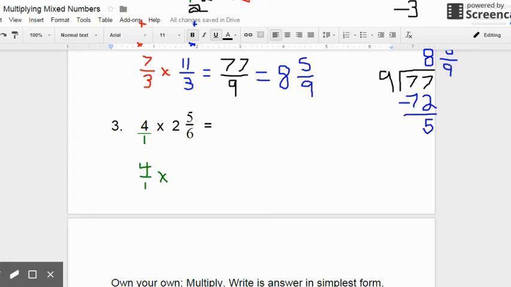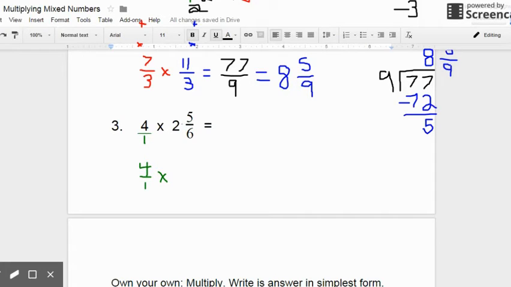Number 3 is 4 times 2 and 5/6. And now I want to change this mixed number into an improper fraction like we've been doing.